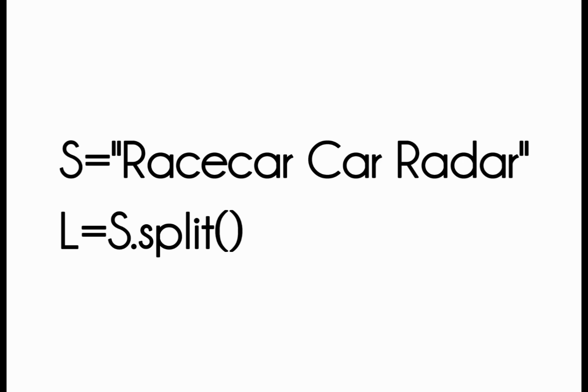L is the new variable here, and split is a function of string. If you don't know what a string is, then you can go and check. I have already made videos on the functions of a string, list, and dictionaries. So you can go and check.